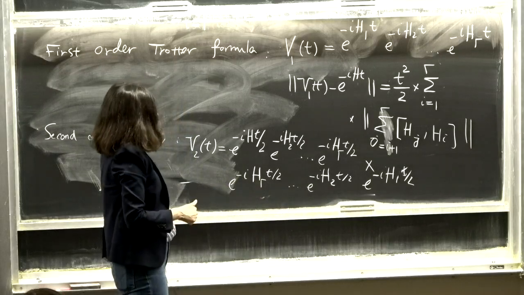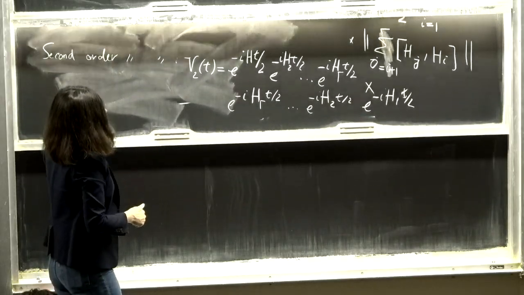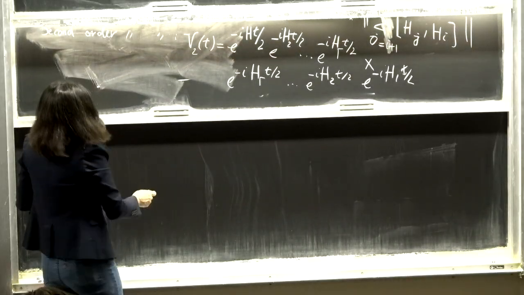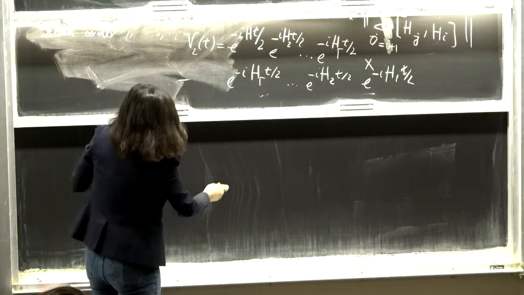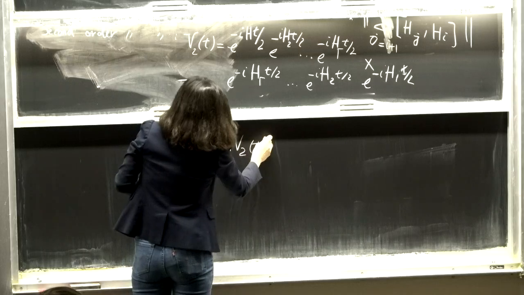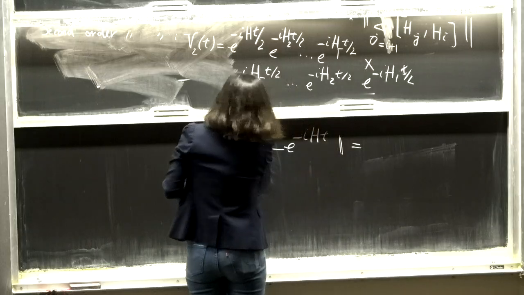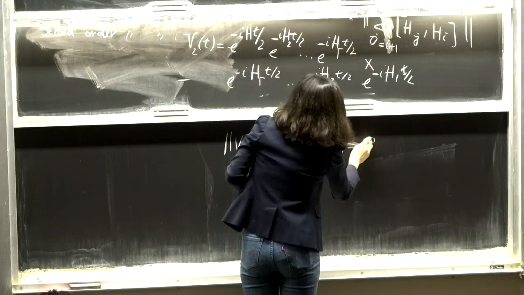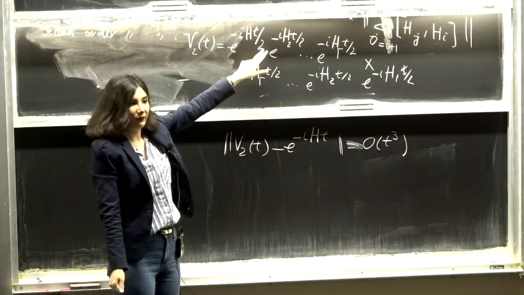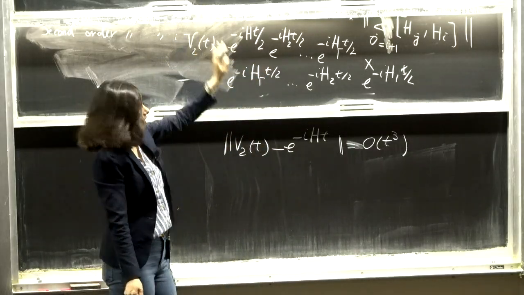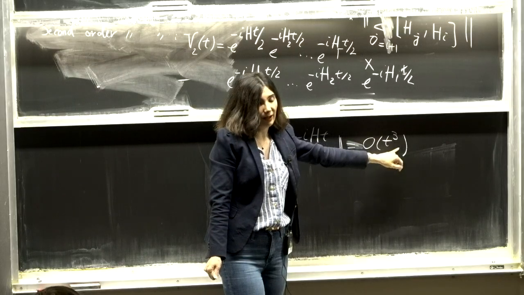That's really cool, because it reduces the error in the time evolution operator to order t cubed. At the cost of twice the number of gates compared to the first order, I gain one more power of t in the error. So if my t is small, the error is going to be smaller.